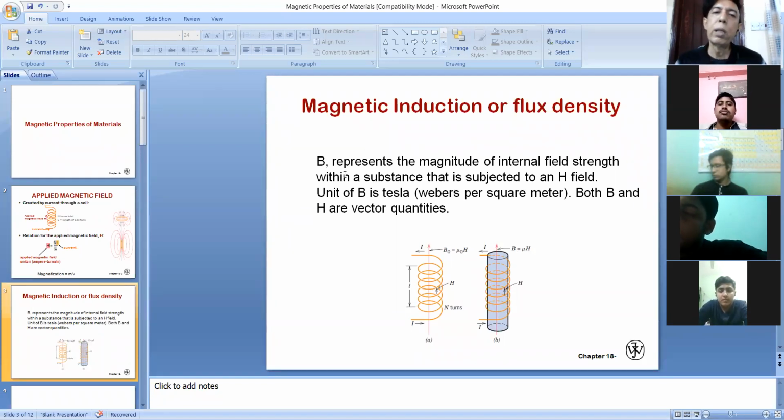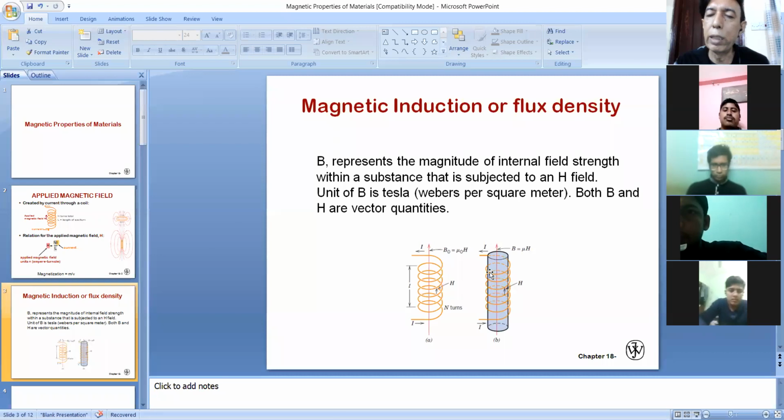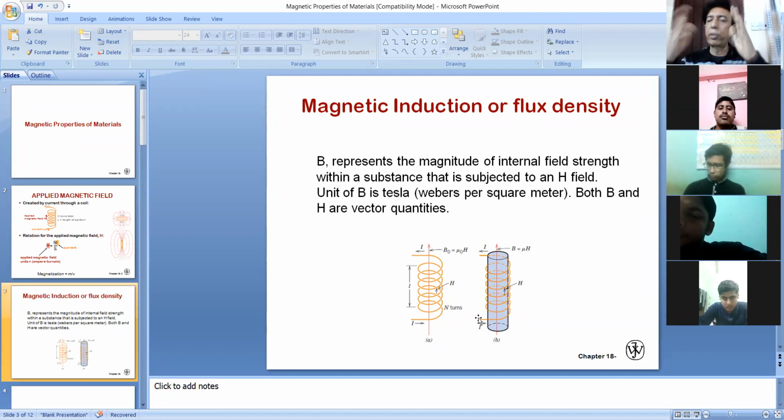So what is B? B represents the magnitude of internal field strength within a substance that is subjected to an H field. This blue material is subjected to H field. From where does the H field come? The H field comes from this red wire that is turned, and in the red wire electricity is passed.